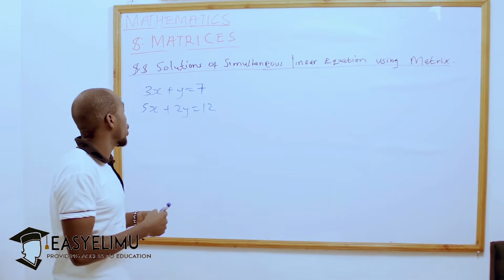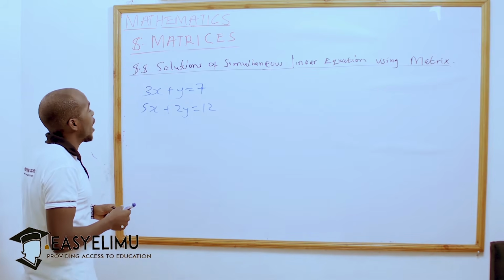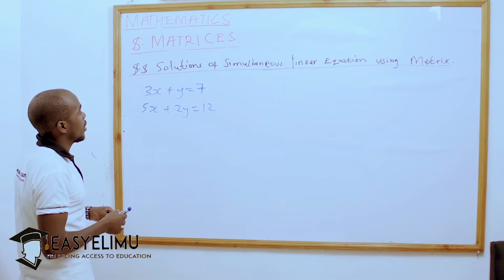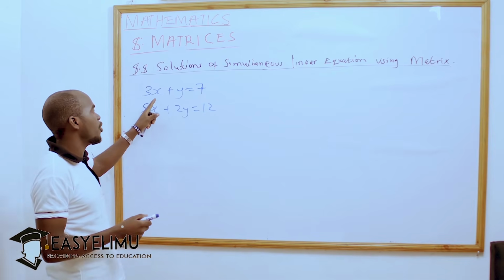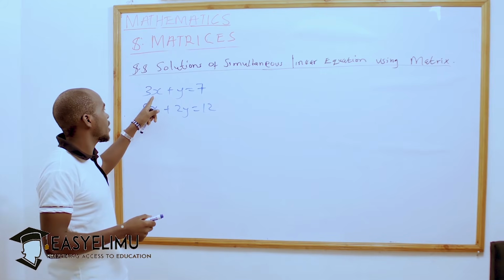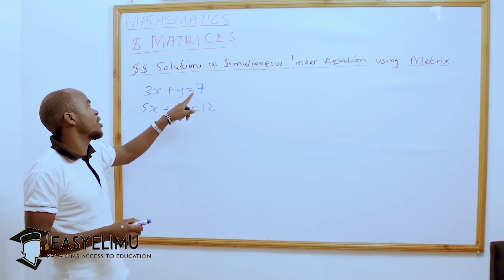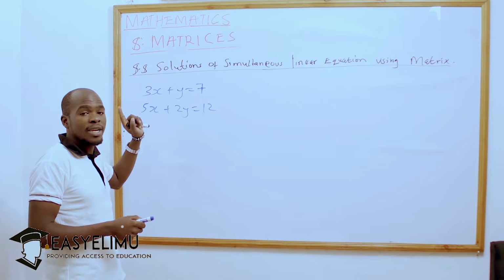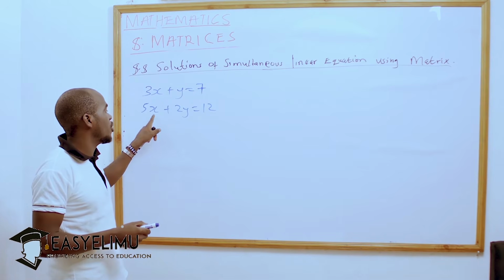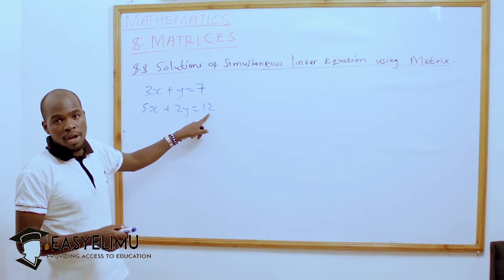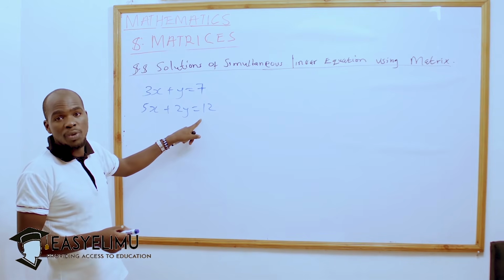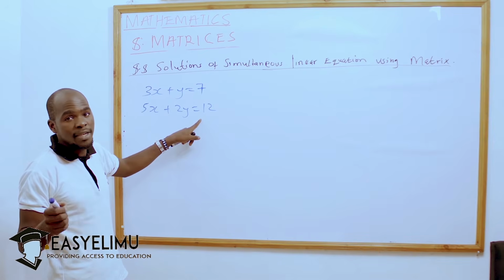If we plot them on a graph, the line 3x plus y equals 7, which may be y equals 7 minus 3x, will cut the line 5x plus 2y equals 12. At the point where they cut each other is where we shall take the values of x and y.